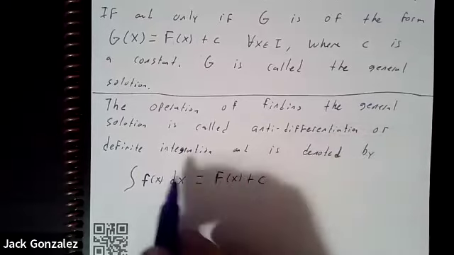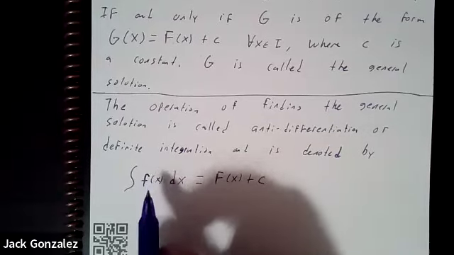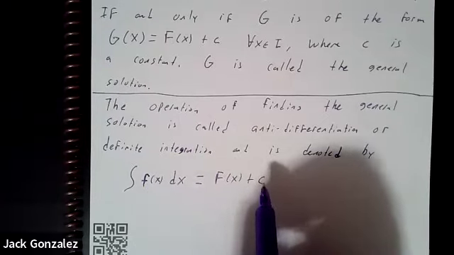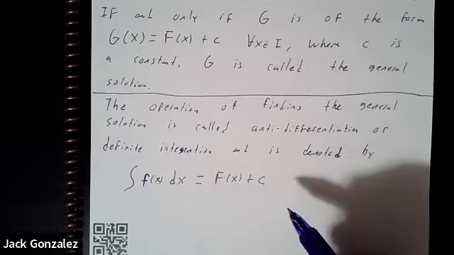So basically, if you find the antiderivative of lowercase f, your original function, you'll get your capital F plus some constant. And you won't know what that constant is without having initial conditions.